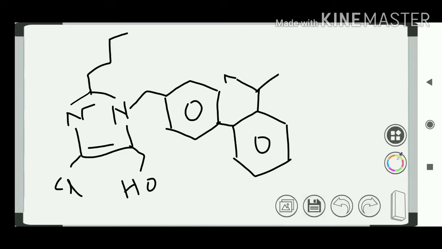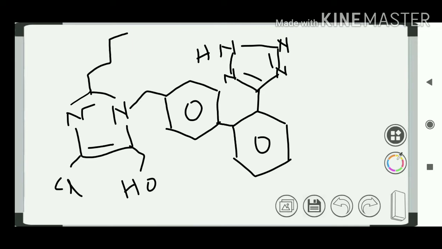This is the entire molecular structure of Losartan.